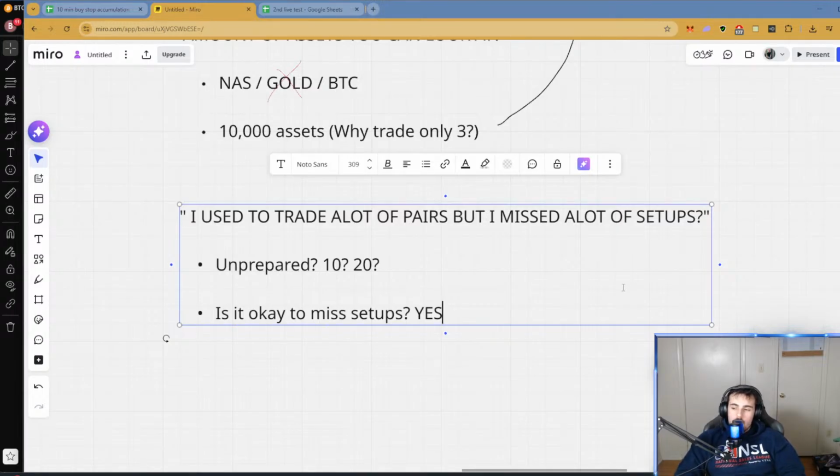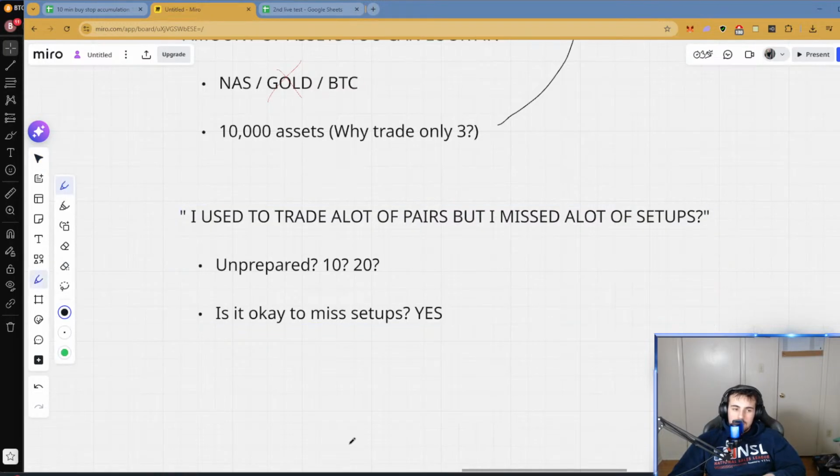Sometimes I'm waiting for one specific asset that popped up on my list for a trade that day to set up and give me my entry model. And I miss it. So did I miss it because I knew it was going to set up or potentially set up and create a trade that was available to me to enter?